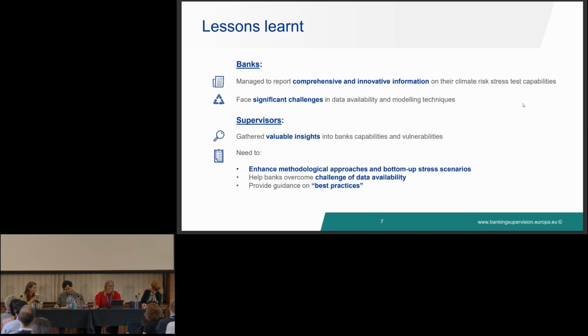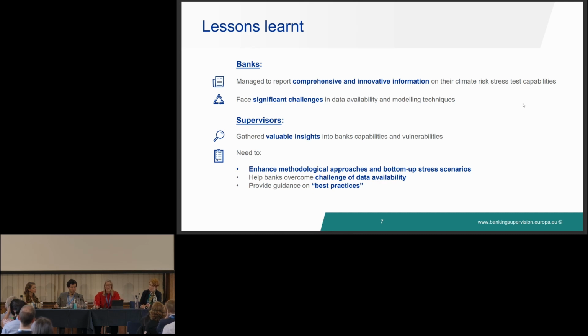So let's move into that. What we found in a positive way, and I think, Saskia, you said it's a road we're on together, and also here, we're going somewhere, and there are positive signs, right? Banks managed to report comprehensive and innovative information on their climate risk test capabilities. Yet they face significant challenges in data availability and modeling techniques.